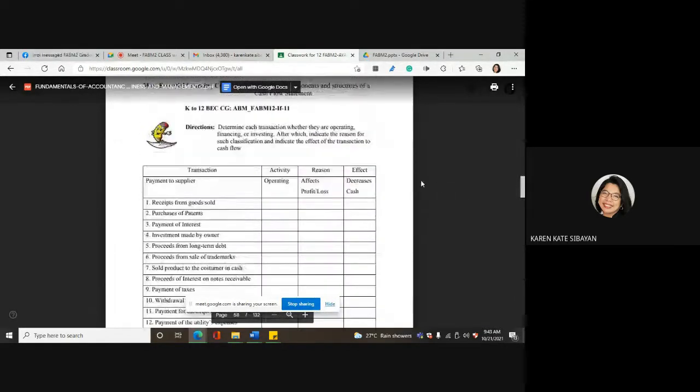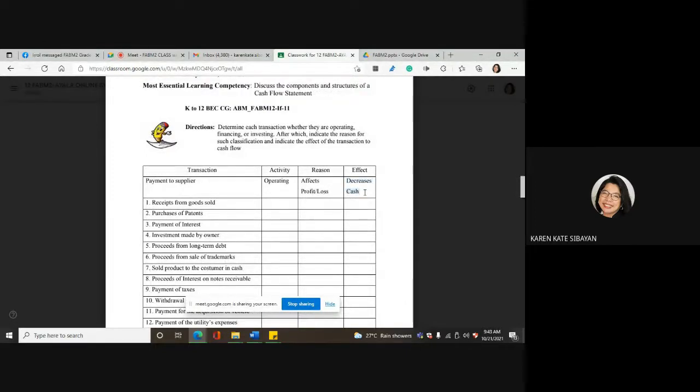Ayan. So dito, ang titingnan mo lang sa effect, kung ano yung naging effect sa cash. Nag-increase ba yung cash mo? Automatic class kapag gagawin mo siya ng journal entry, kaya napakadali lang nito. Ang magiging basis mo lang dito is your journal entry actually. Kapag nakalagay yan sa debit, automatic ang effect niyan is increase.